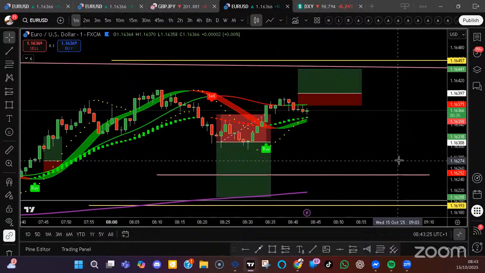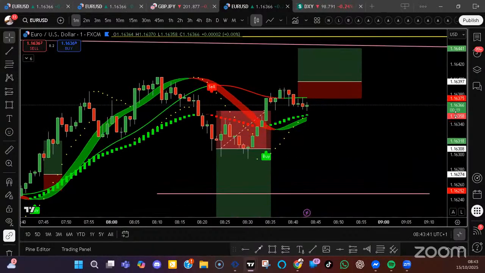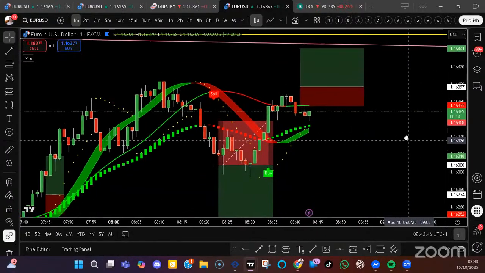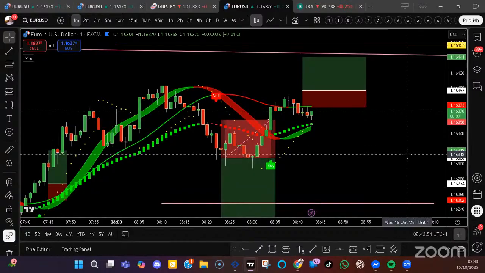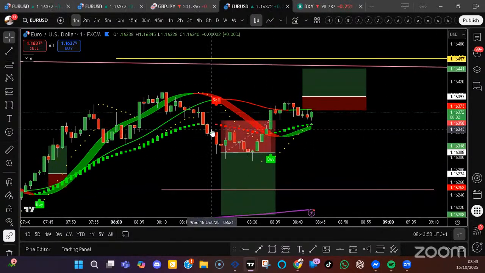My opinion of the EUR USD has been dulled somewhat over the last few weeks, and it's not the EUR USD's fault. It's the global markets generally. You can only trade what the market is prepared to give you, and what the market's giving you at the moment is liquidity, uncertainty, volatility.